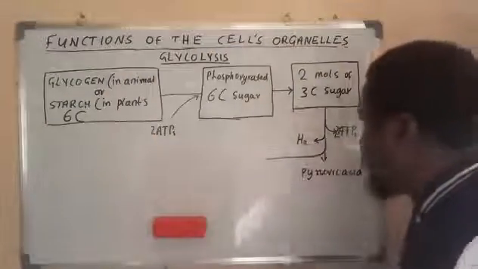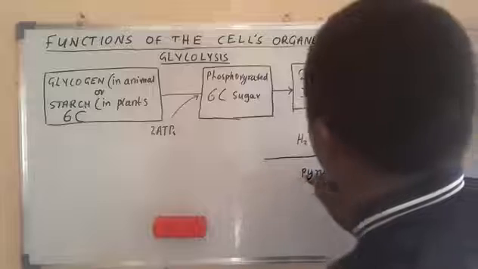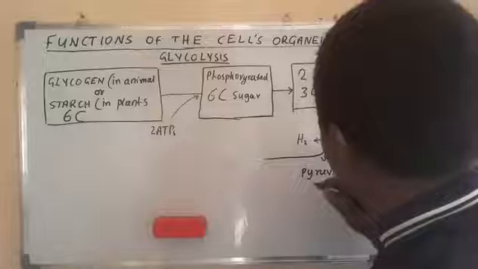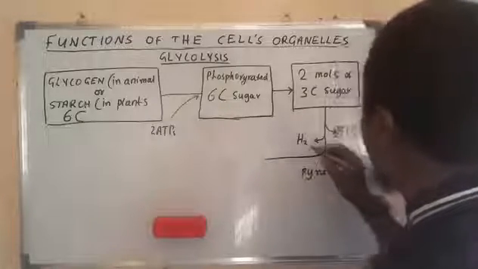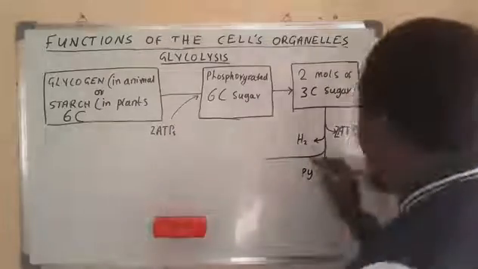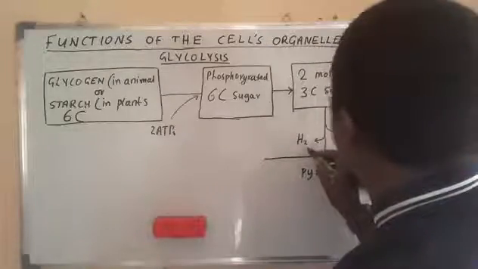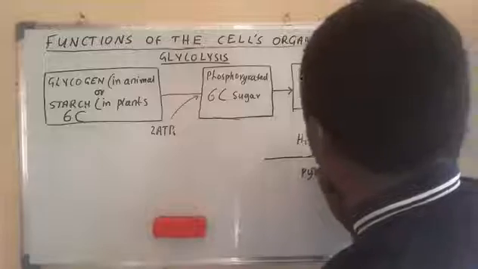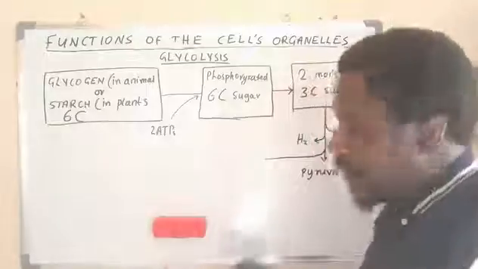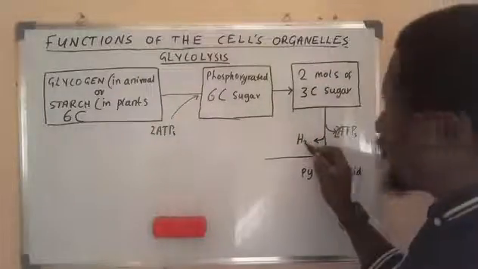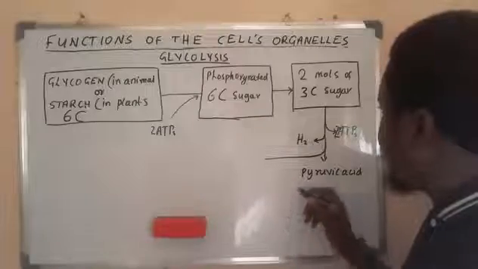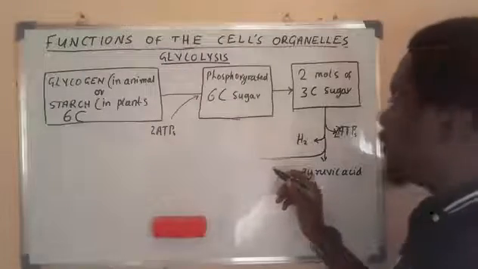These are taken by a hydrogen carrier called NADP. That NADP is nicotinamide adenine dinucleotide phosphate. When it takes hydrogen, it becomes reduced nicotinamide adenine dinucleotide phosphate. So the effects of this hydrogen depend on whether oxygen is available or not.